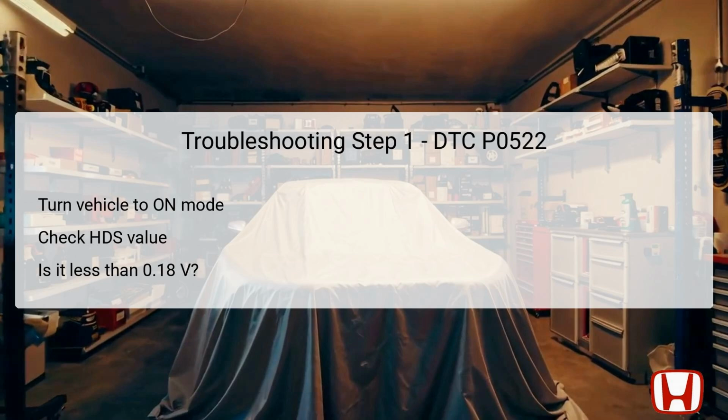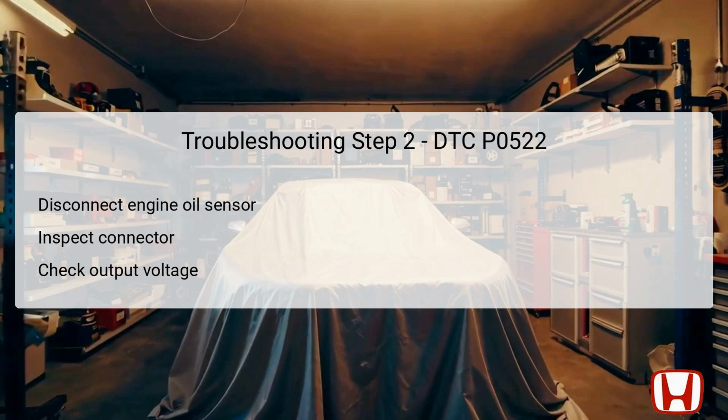If the reading shows less than this specified value, it confirms that a failure is indeed present. This step is significant because it helps to isolate whether the issue lies within the sensor itself or in related circuit components. Properly executing this procedure will assist in determining the next steps in the troubleshooting process.